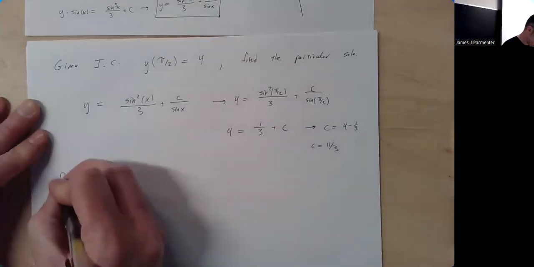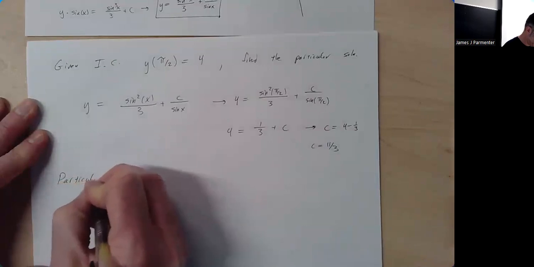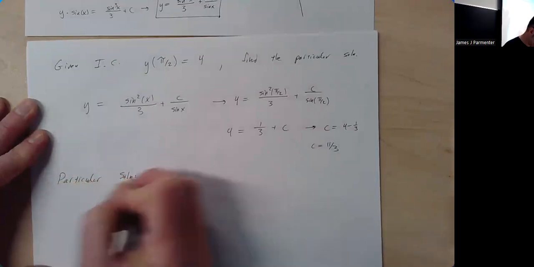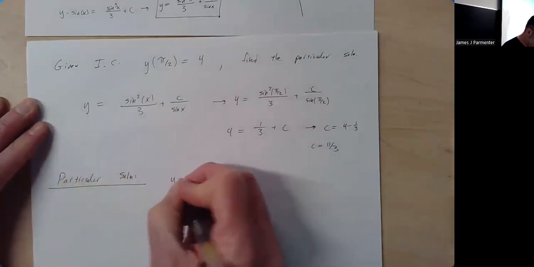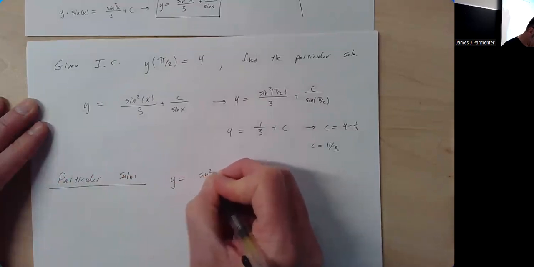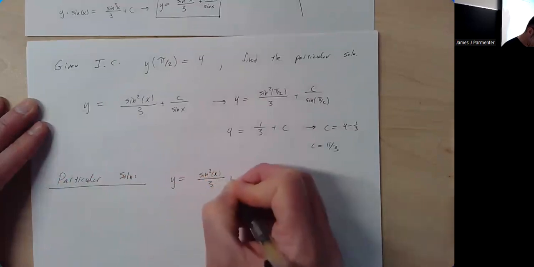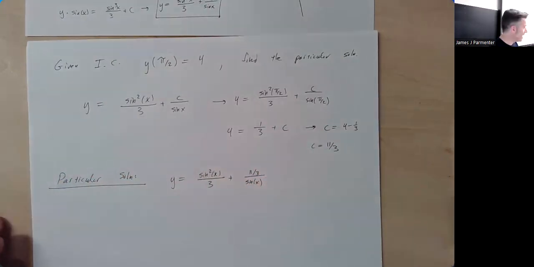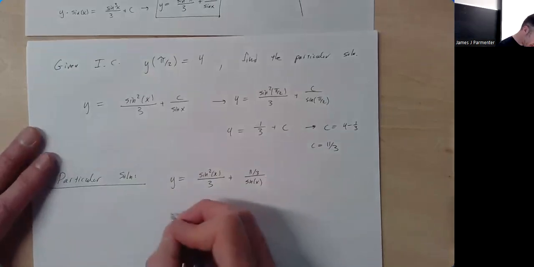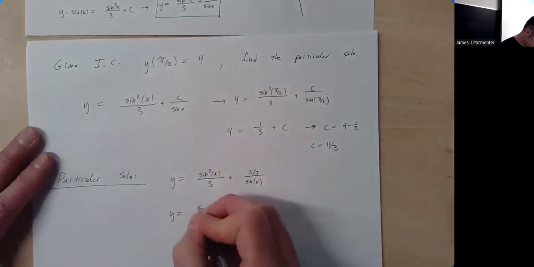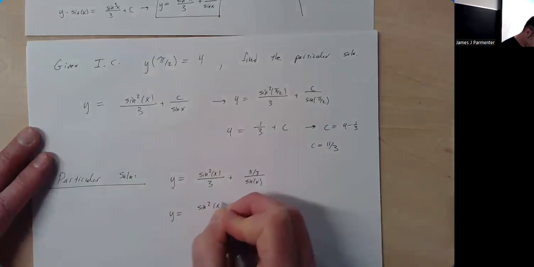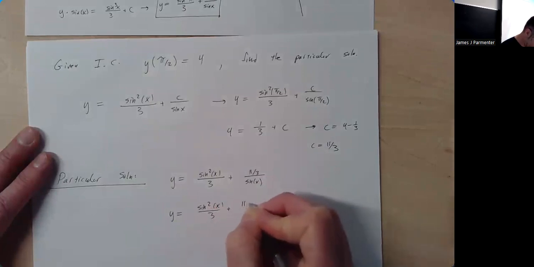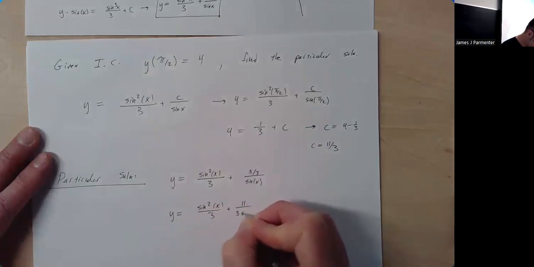So our particular solution is going to be y equal to sine squared of x over 3 plus 11/3 over sine of x. And if I was trying to write this in a nicer looking way, I would either write this as sine squared of x over 3 plus 11 over 3 sine of x.